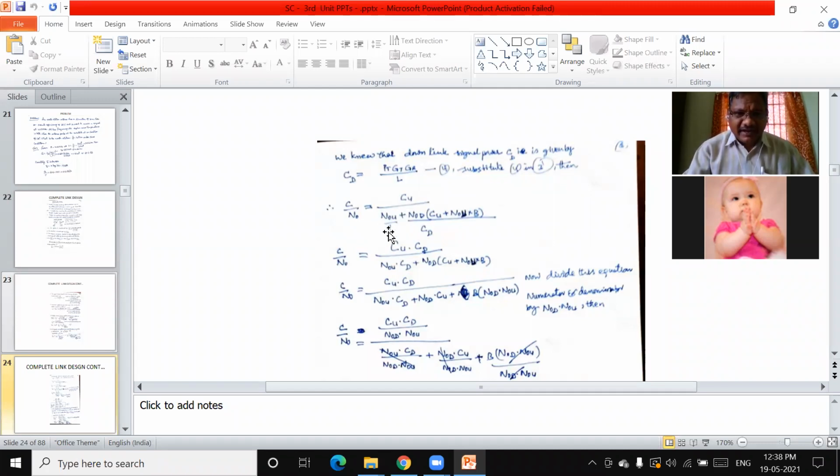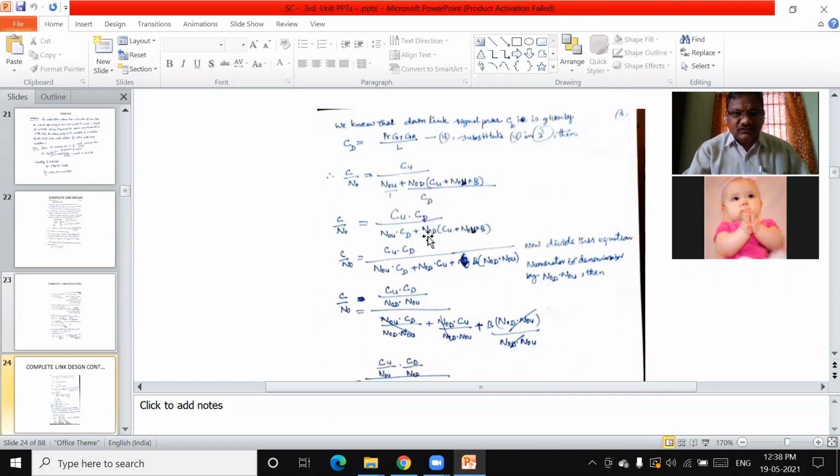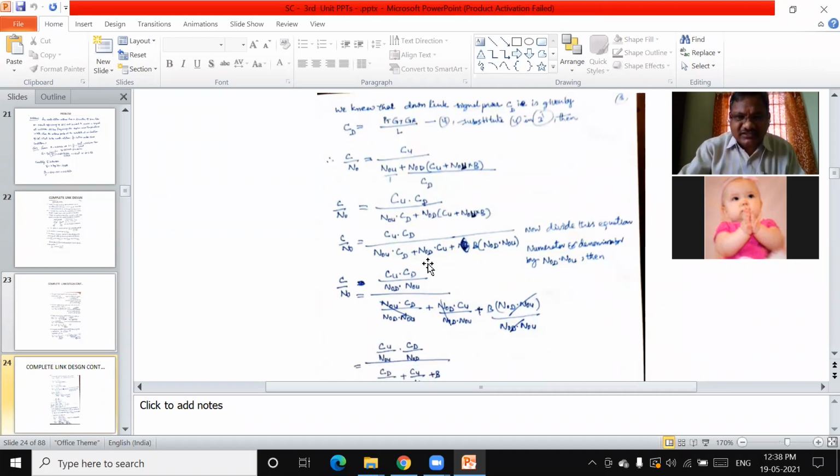CU by NOU plus NOD into CU plus NOU into B by CD. So now later on it is all simplification only. C by N naught is equal to CU CD by NOU plus NOD into CU plus NOU into B, the same thing.